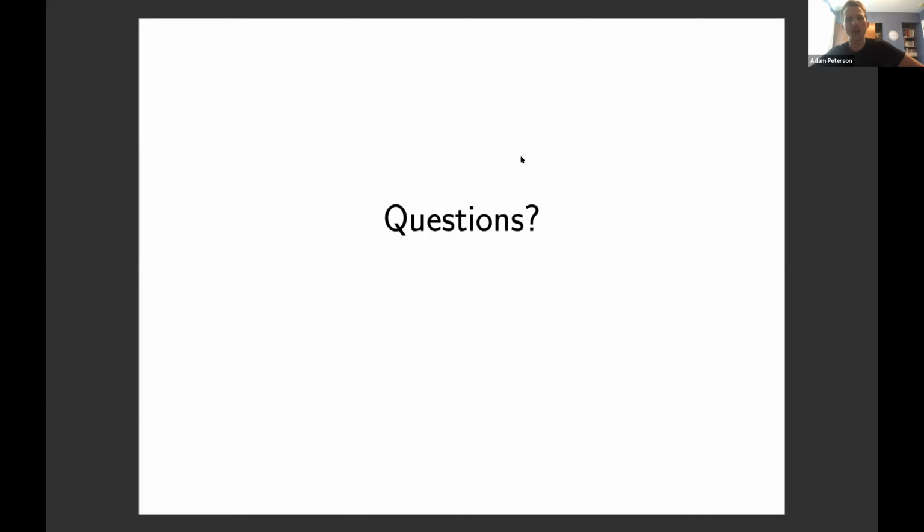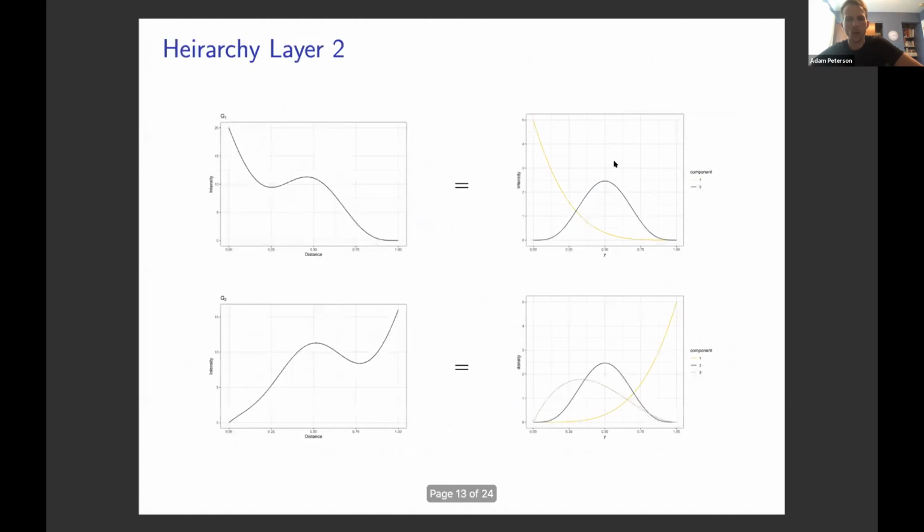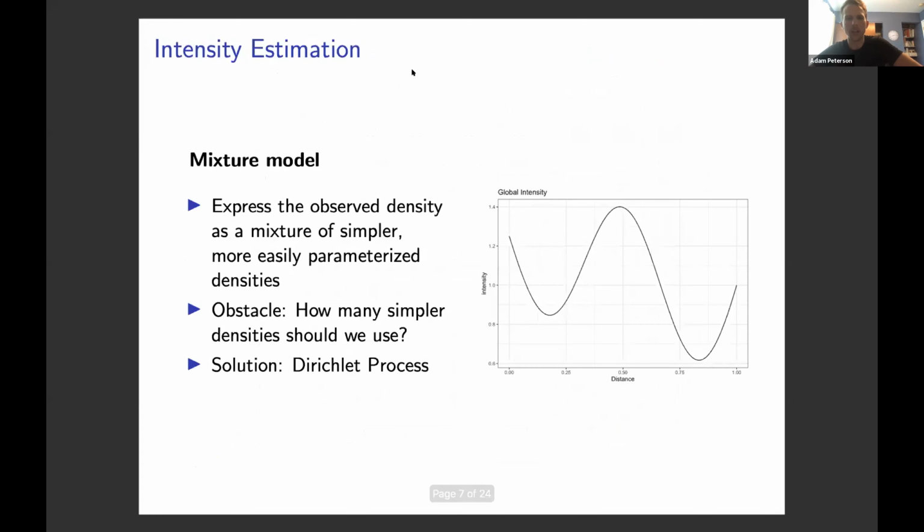You can think of it this way. We have that global density, and this global density could be decomposed in any number of ways.